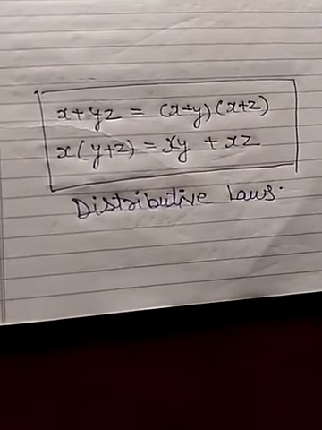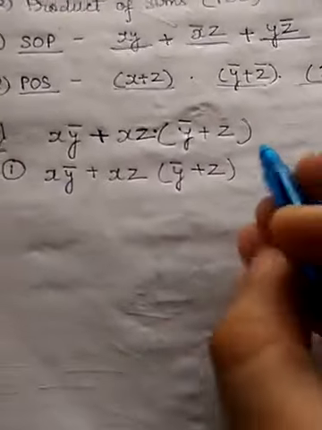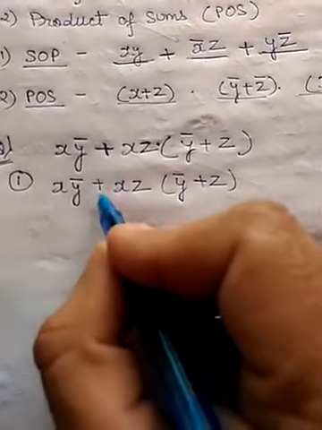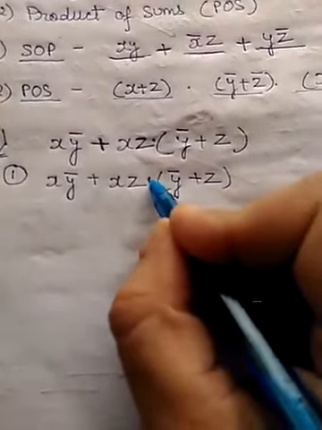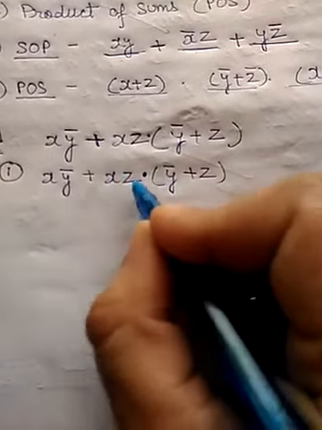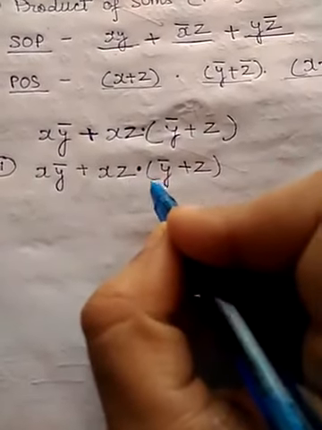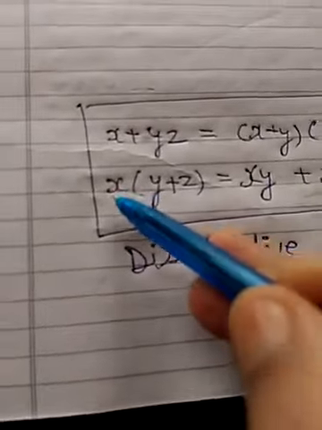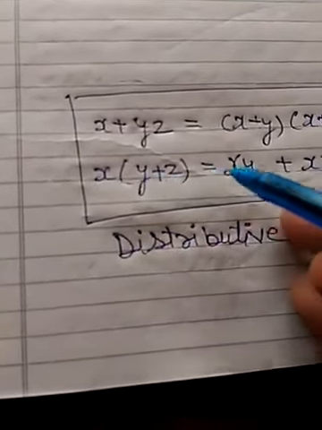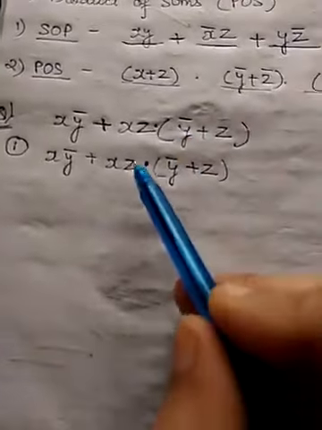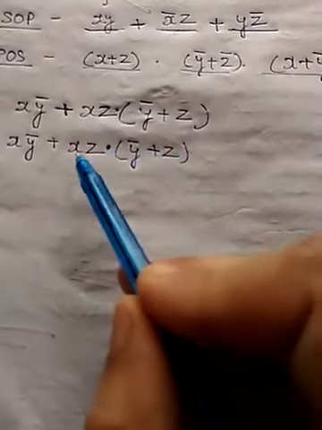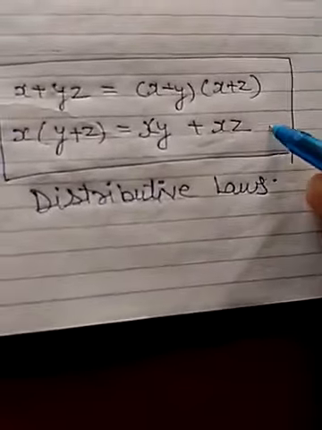Now let us apply these distributive laws in our question. Here you see that it is already a plus, so there is no need to convert this operator. Here, if I multiply this term with each term of this bracket, then it will become sum of product. So for that purpose, this is the law, x into (y plus z) equals xy plus xz. We are applying this law at this point.